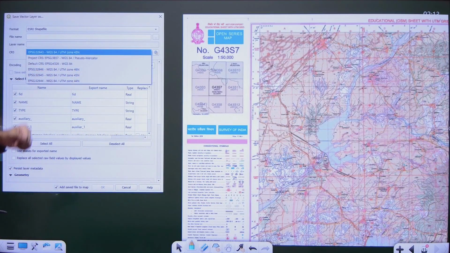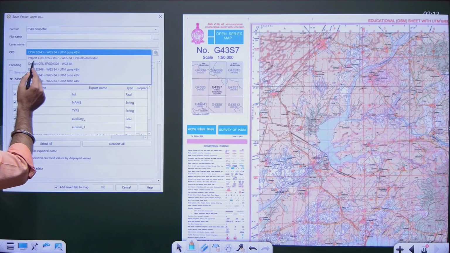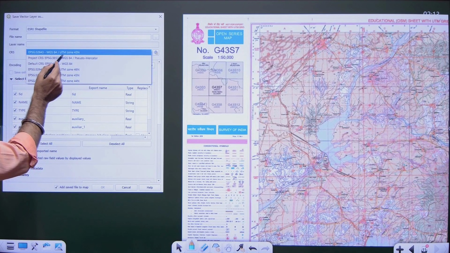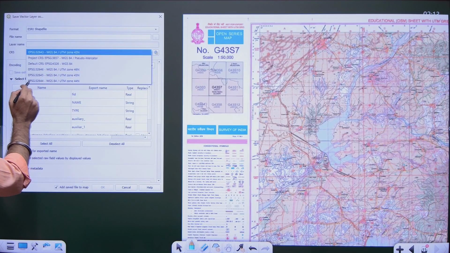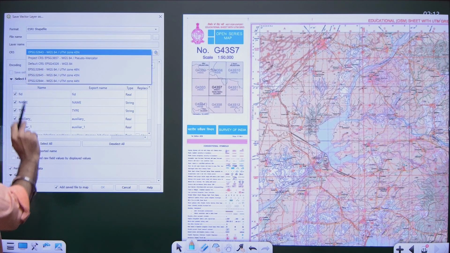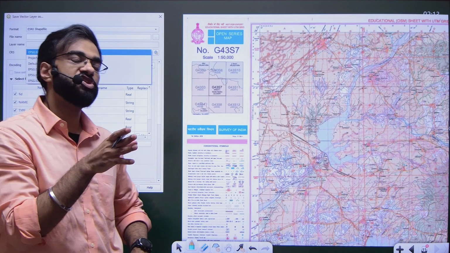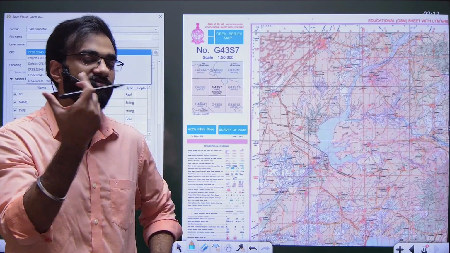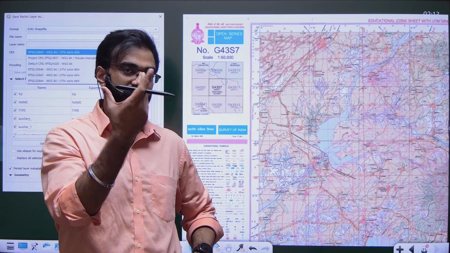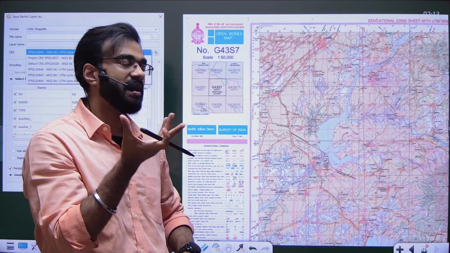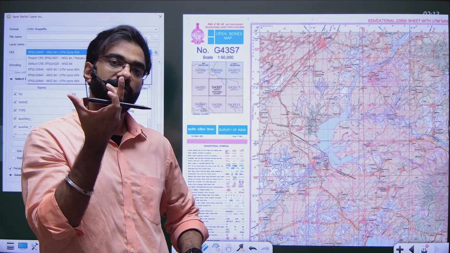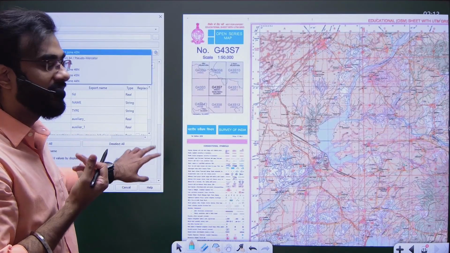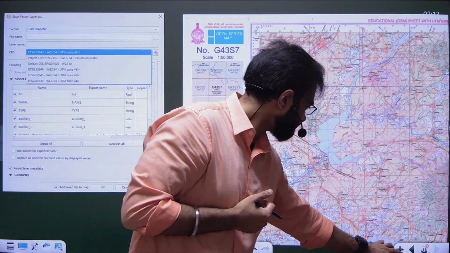So here there are various addresses, the 3857 pseudo Mercator, WGS 84, 32643, UTM. The default CRS is always 4326 because most of the shape files, most of the vector or raster data which we obtain from the Survey of India, from other websites or government sites, they are in the geometric coordinate system or geometric coordinate reference system.